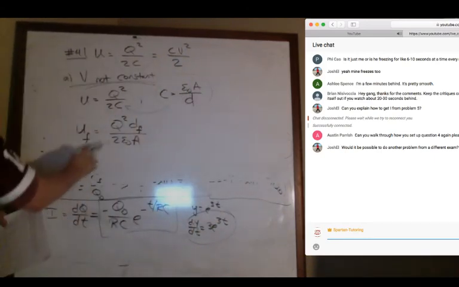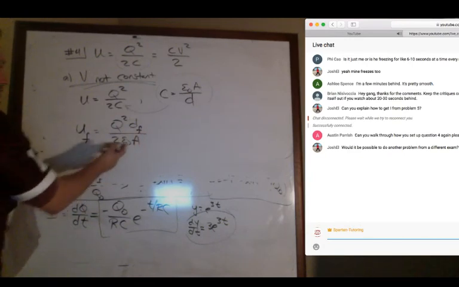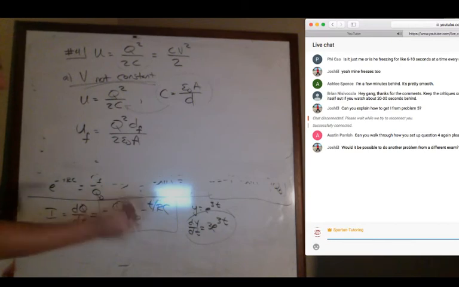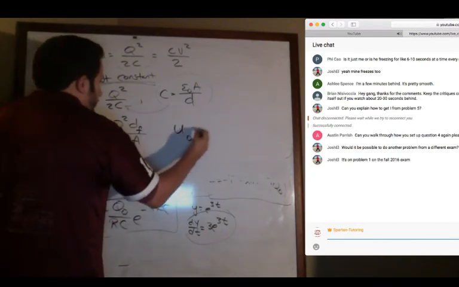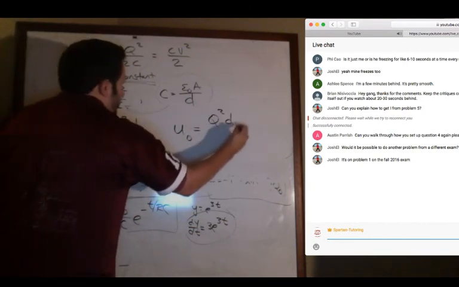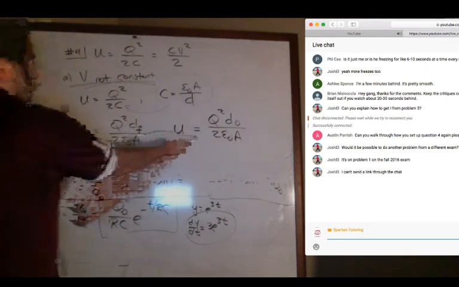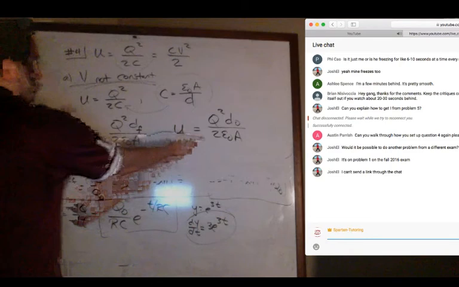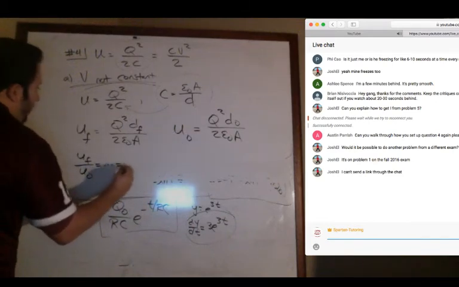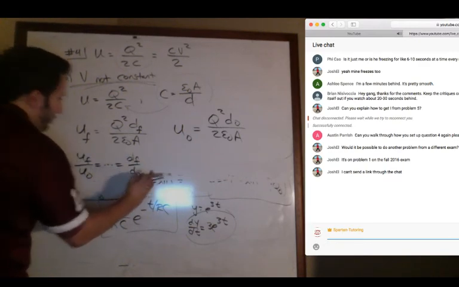Then I was like, well, Q is constant, that's cool. I know my final distance. I know epsilon naught's a constant, but I don't know what A is. And so I had to get a little creative. U naught, your initial energy, similarly, would be Q squared D naught over 2 epsilon naught A. I took these two fractions and divided them by each other, so that UF over U naught is equal to, if you do the math correctly, dF over D naught.